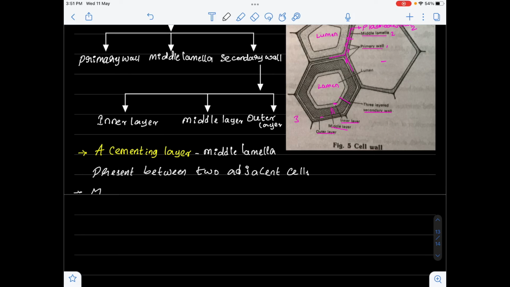The middle lamella is made up of pectin, and it is of two types: calcium pectate and magnesium pectate.